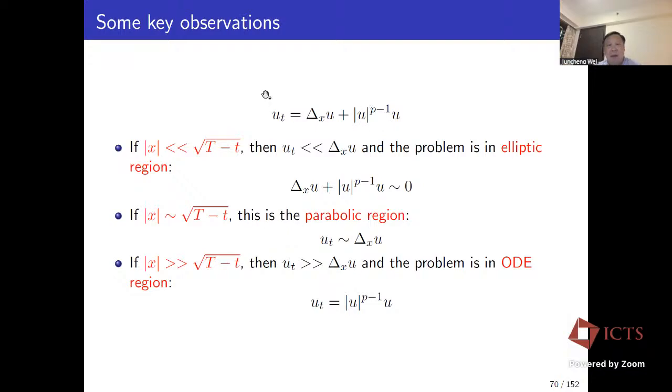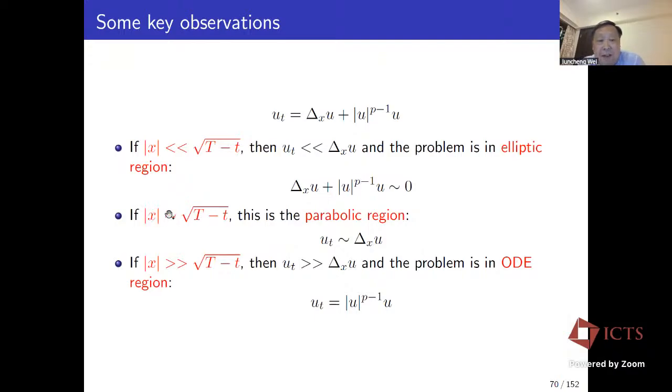Now, if x is much smaller than square root of t minus t, and this we call the self-similar regime, then ut is much smaller than Laplace u. So in this case, we can just drop ut. In this region, the ut would be small. So I call it the elliptic region. In this region, it's like an elliptic problem.